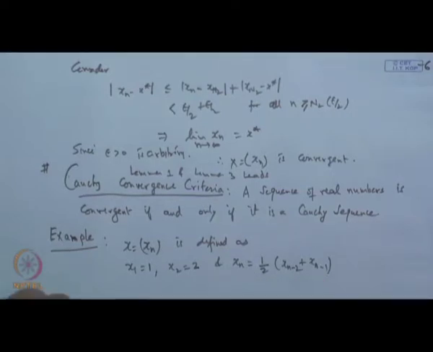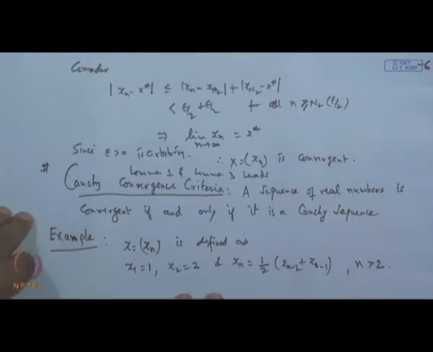So the third term x 3 is x 1 plus x 2 by 2, and the fourth term likewise. This is defined for n greater than 2.